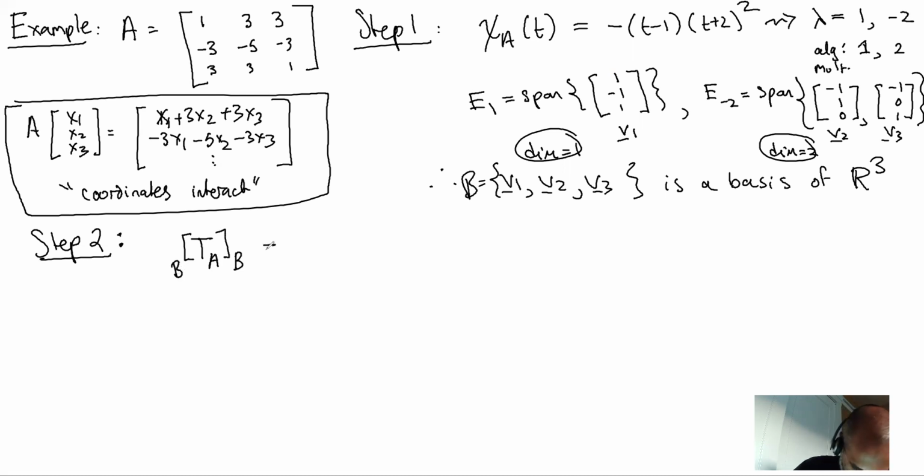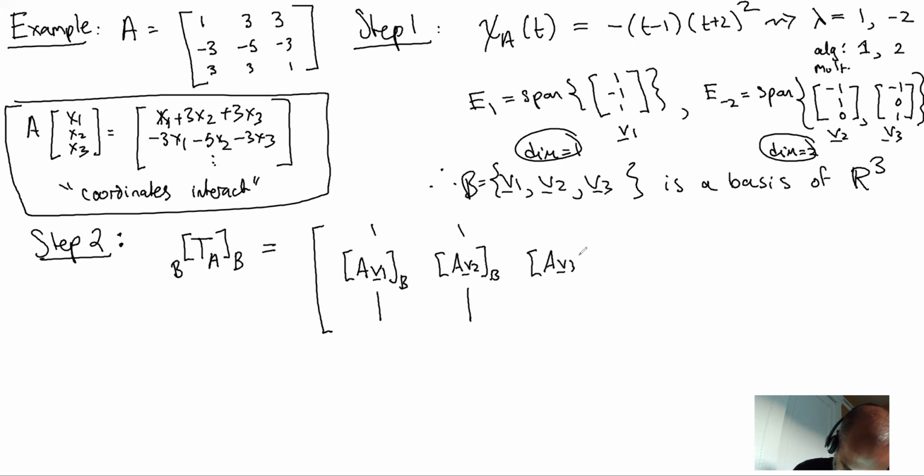Well, let's follow our nose. We derived a formula for this. You compute A of V1 and write this in the B basis. Then you compute A of V2 and write this in the B basis. Then A of V3, write this in the B basis. That's just the matrix of a linear transformation in a basis.